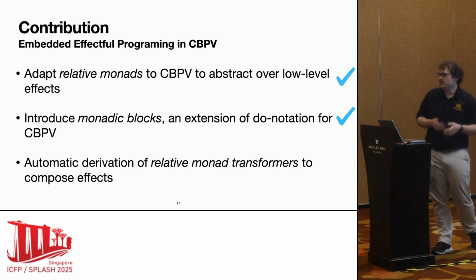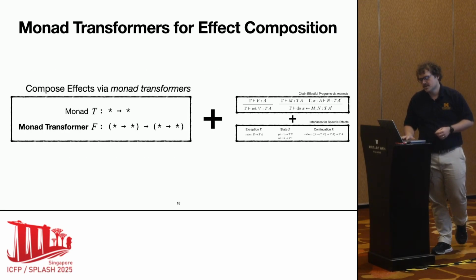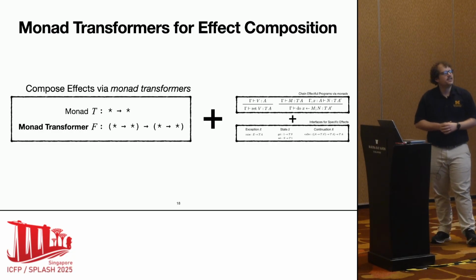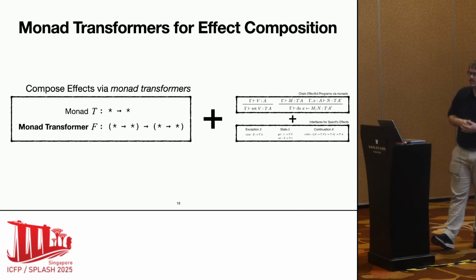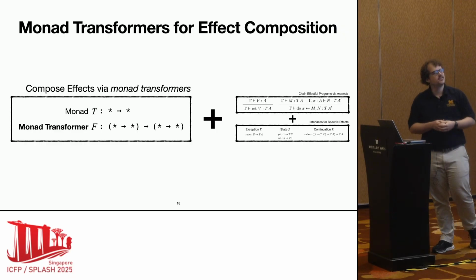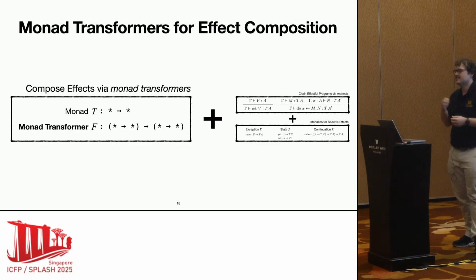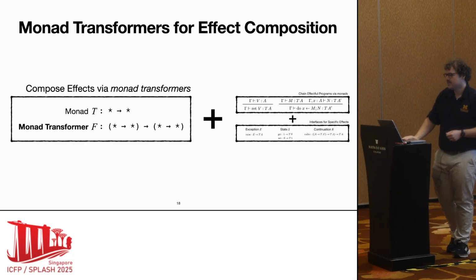Well, we're actually able to automatically derive relative monad transformers. Okay, so what are monad transformers? Well, these are a common tool in high-level languages for constructing complicated monads from smaller components, right? And a monad transformer takes in a monad and it spits out another monad that we think of as adding some new effects, right? And so by composing these together, we can get complicated monads, right?